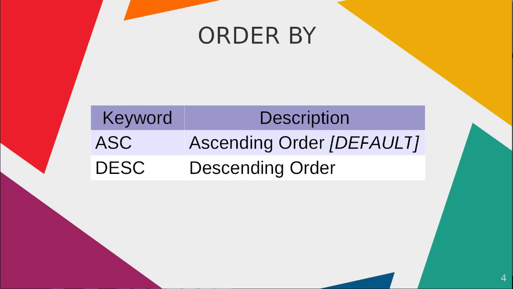But what we want is the descending order, the second keyword, DESC, the first four characters of descending, which will sort the query based on the specified columns in a descending order: for a number, from the largest to the smallest, or for a string, from Z to A.